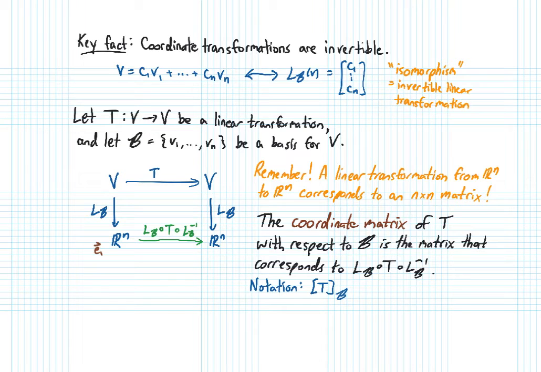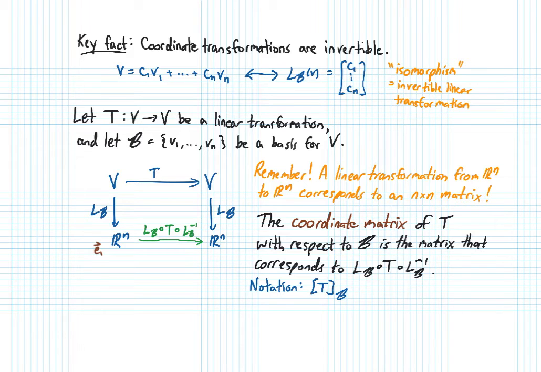So let's use that idea to figure out how to get the coordinate matrix. I'm starting by putting E1 on the lower left side of the diagram, and then we're going to see what happens as we apply the different transformations that get it to the lower right side of the diagram. So what happens when we take E1 and we go up using the inverse of the coordinate transformation?